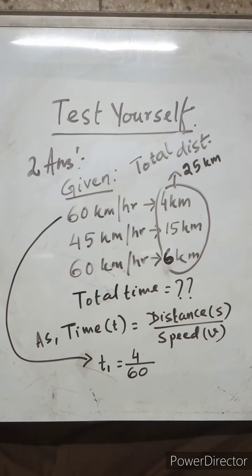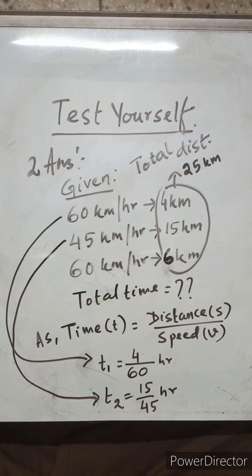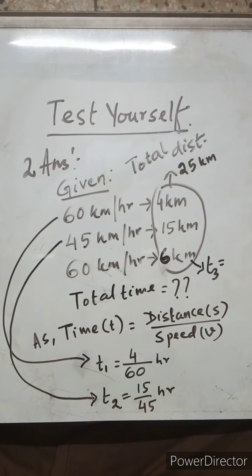So for the first case, suppose time t1 is equal to distance by speed, that is 4 by 60. Again, for the second case, distance by speed, we get 15 by 45, and for the third it's 6 by 60. So we have all the times t1, t2 and t3.